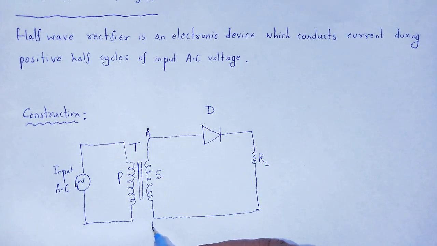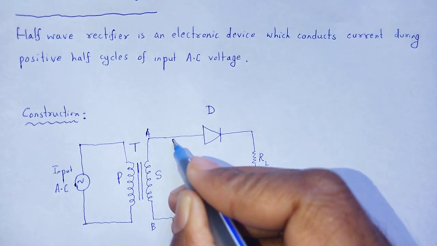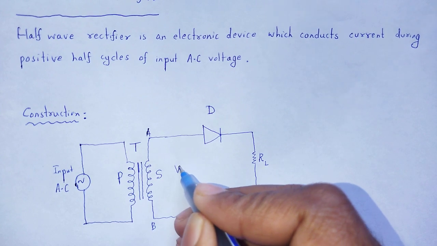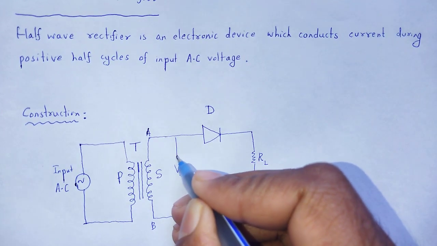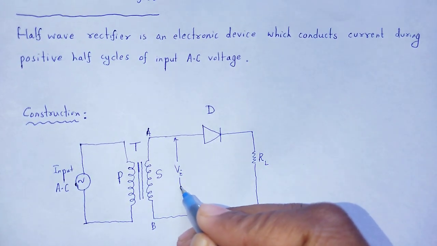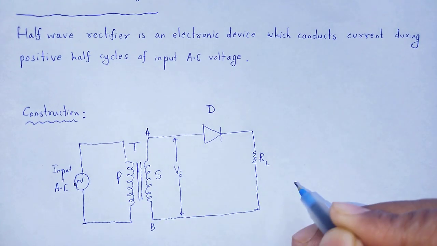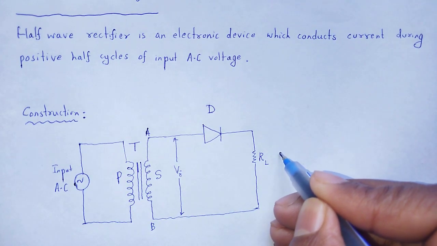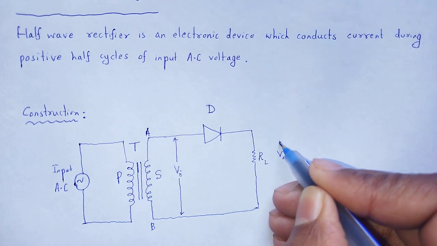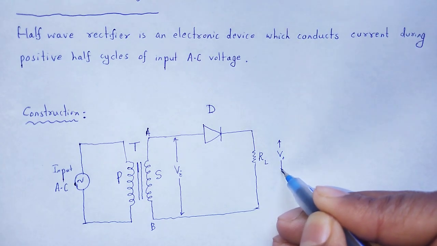At A, B, we apply the voltage input Vi, and we obtain the voltage output across that of load resistance.